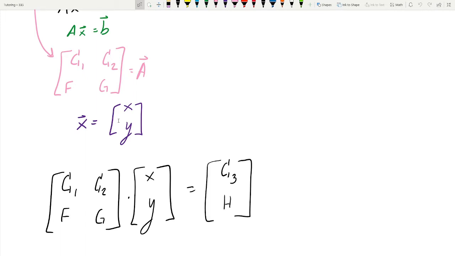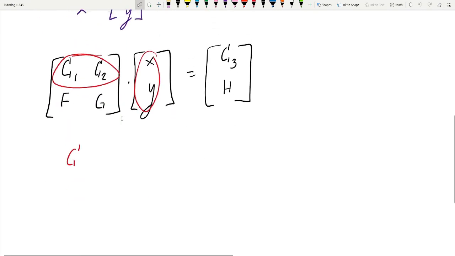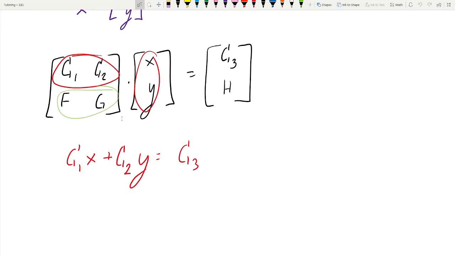Now, if we just do some really quick vector multiplication to prove this, c1, c2 times x, y gives you c1 x plus c2 y equal to c3, and then we do that for the lower half with f, g and x, y.